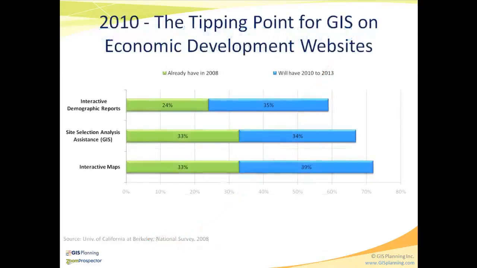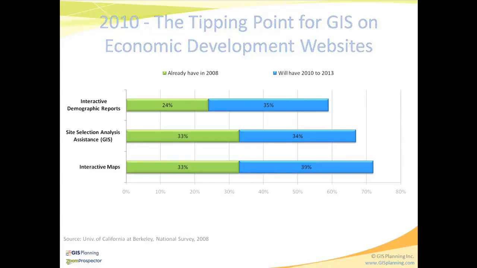So going beyond 2009 to this year, what's happening is that we're hitting a tipping point for GIS on economic development websites. The chart that you're seeing in front of you comes from research that was done in collaboration with the University of California in 2008, and which is shown in the book Economic Development Marketing, Present and Future.